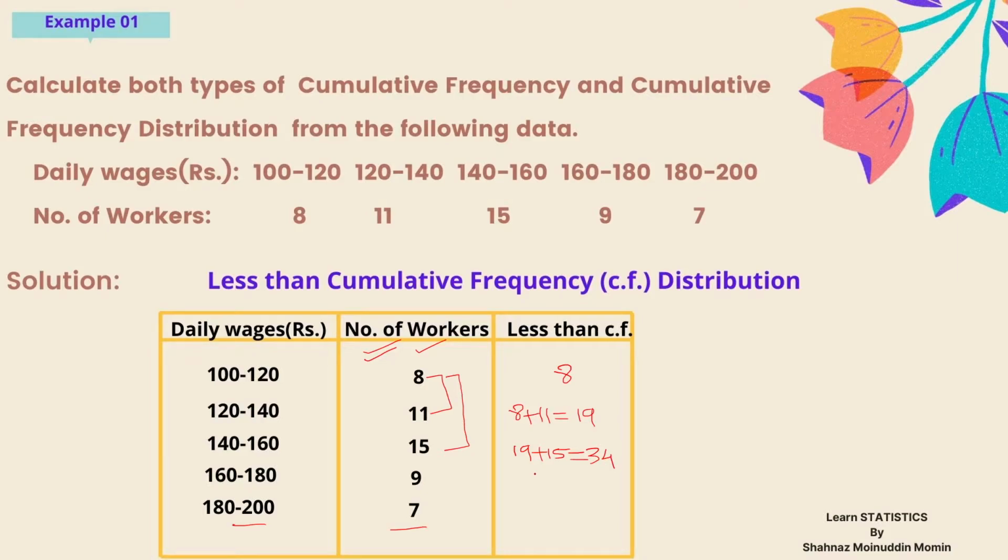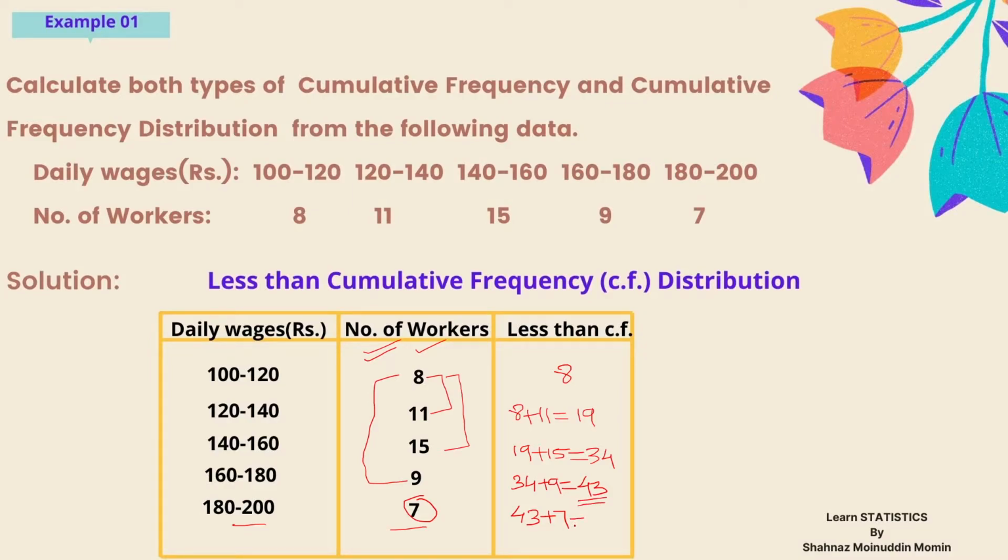Similarly, for the next, add 34 and 9. It comes out to be 43. Similarly, for the last, 43 plus 7, means add 7 to the sum of all these numbers of workers, which is 43.